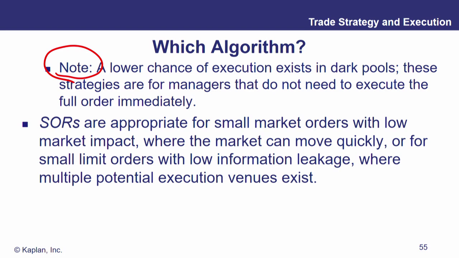So again, we have to be comfortable that if we go through this strategy, you don't need to execute the full order immediately, because it might not happen. Again, that's why it's so important. If you pick the wrong strategy and you need this order to be completely filled, this is not the appropriate strategy. And then we've talked about SORs.